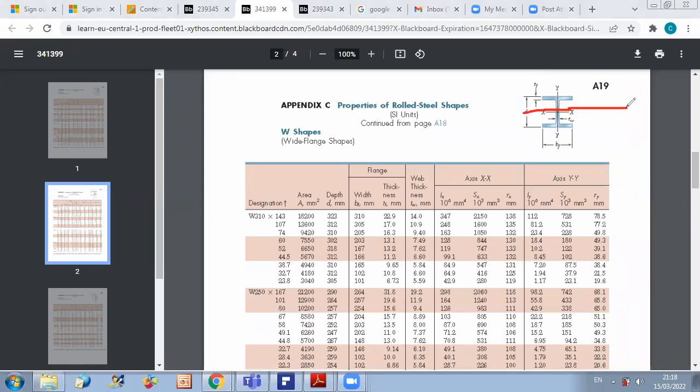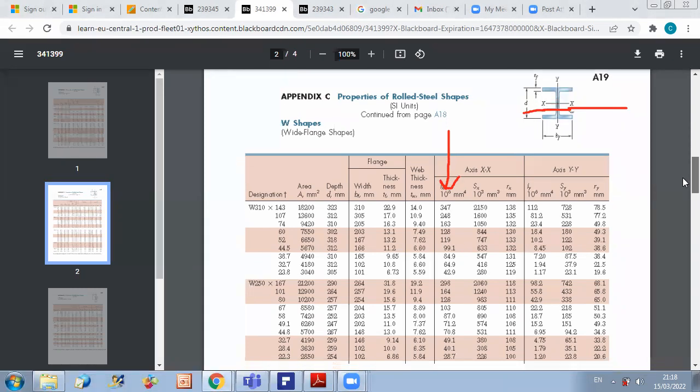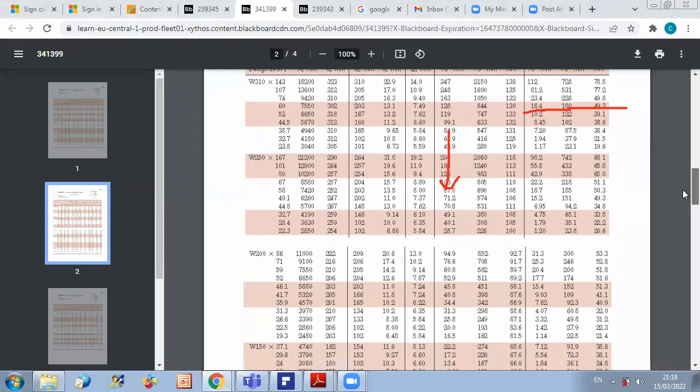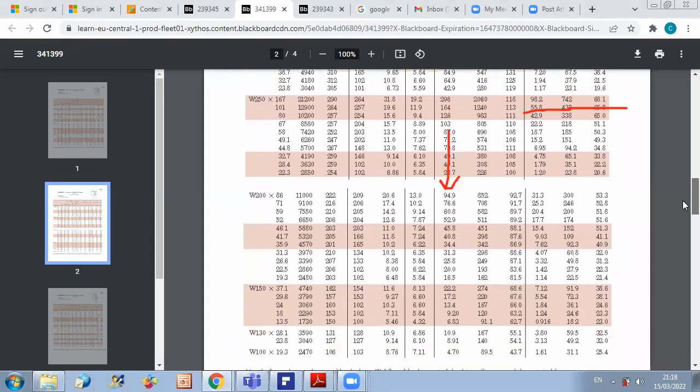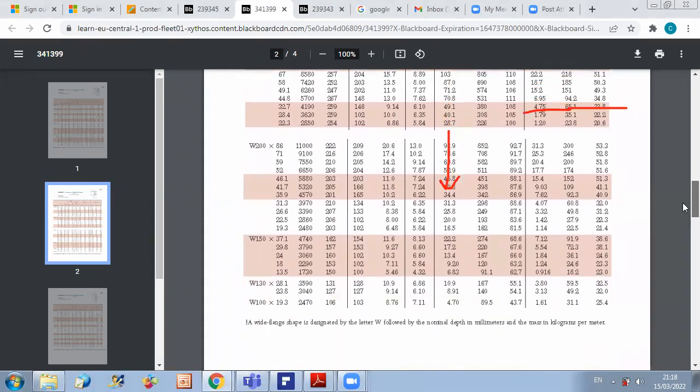Okay, so this is the corresponding axis. And we want to get the inertia about this axis here. So we need Ix, and this corresponds to this column here. Again, I will move down to my beam. It's W200 times 31.3. I'm here.